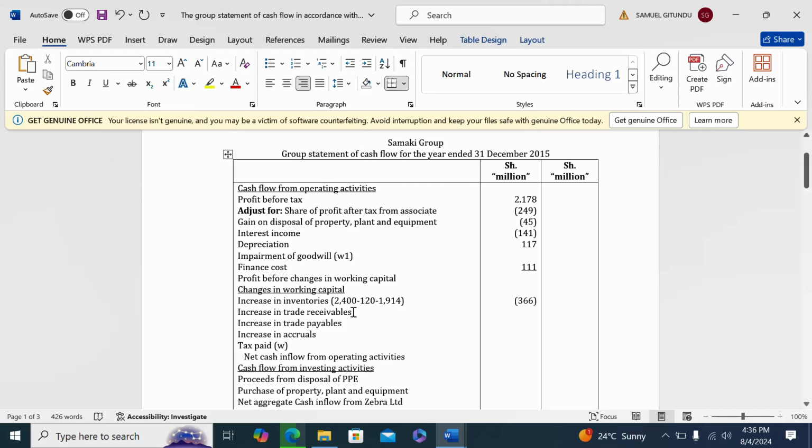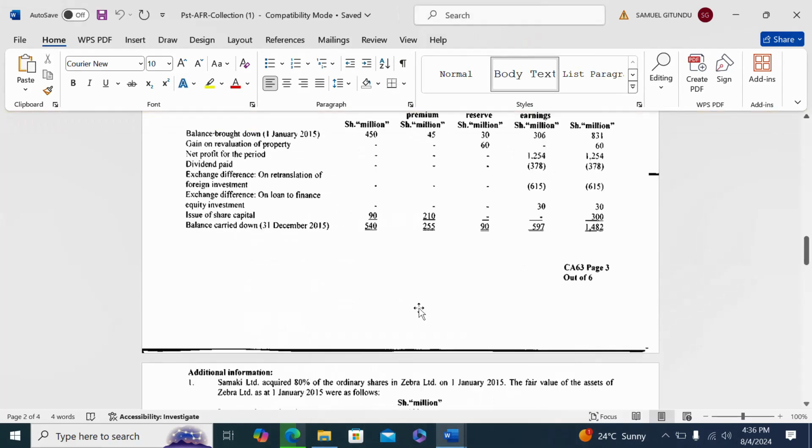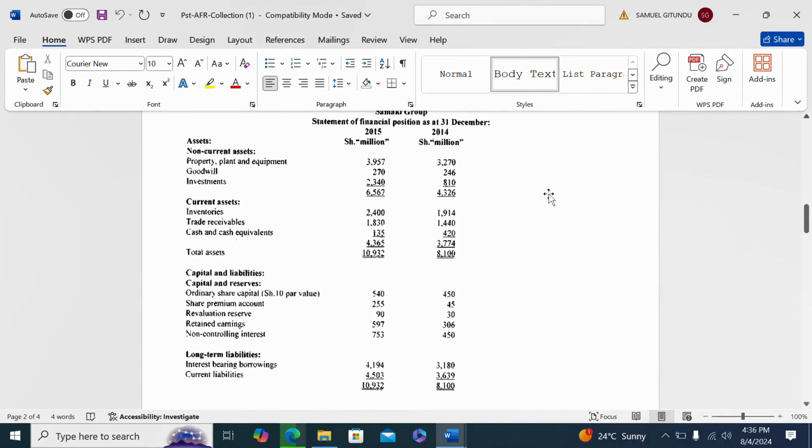Then we go to the trade receivables. Under the trade receivables, I can see that the trade receivables as at 1st December 2015 were 1830, and as at 1st December 2014 they were 1440.